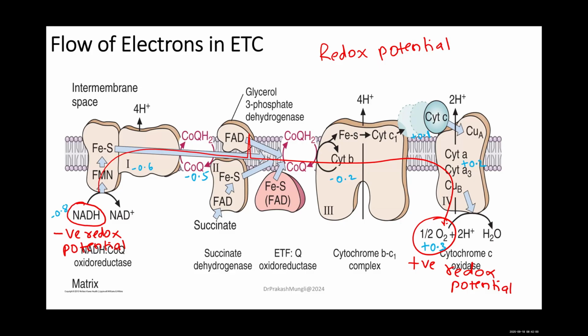So that means complex 1 can accept electrons from NADH plus, and then complex 1 can donate its electrons to coenzyme Q because it has a little less negative redox potential than it. And like that, each one of them accepts from the previous and is able to donate to the next.